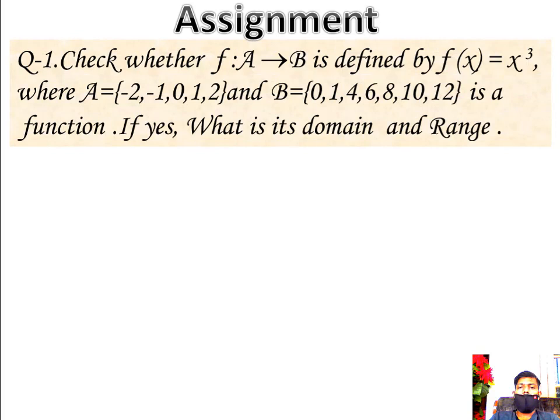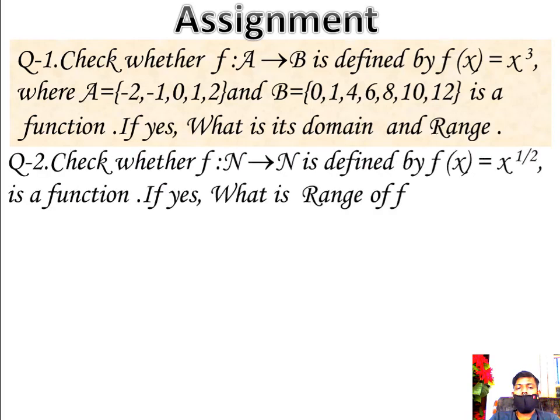Let me give some assignments. The first one: check whether f from A to B defined by f of x equal to x cube, where A equal to the set {-2, -1, 0, 1, 2} and B equal to the set {0, 1, 4, 6, 8, 10, 12}, is a function. If yes, what is its domain and range?